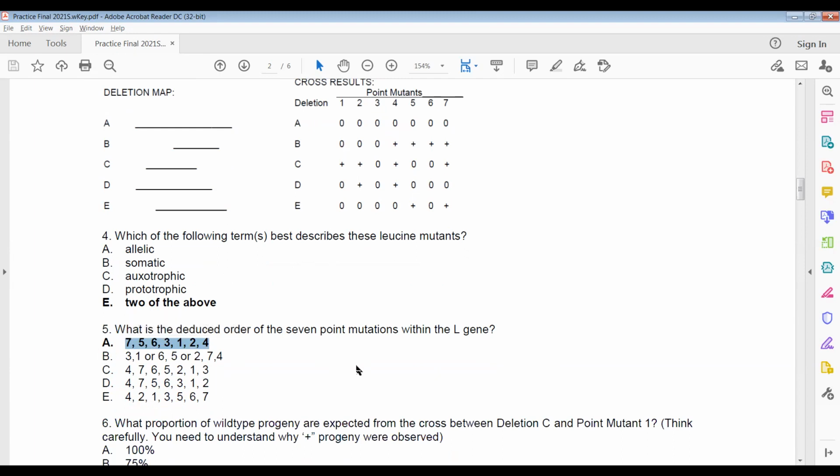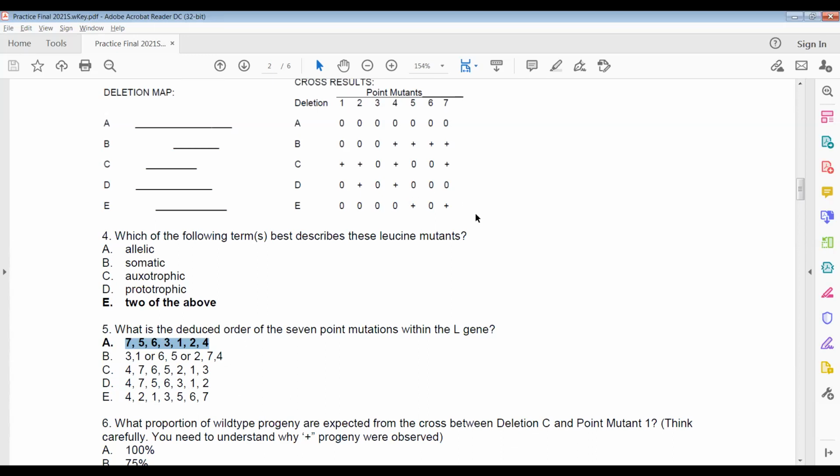So here we are not talking about 7 genes. In lecture, we talked about 7 genes, and you need to use this kind of experiment to find the right order of those 7 genes. But here we're talking about 7 single nucleotide bases. All right, so you need to find the right order.